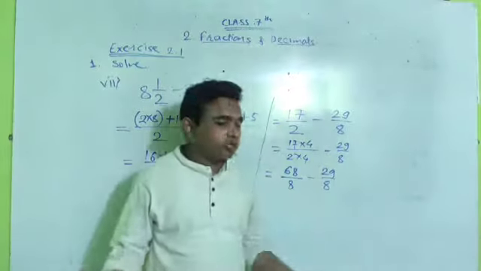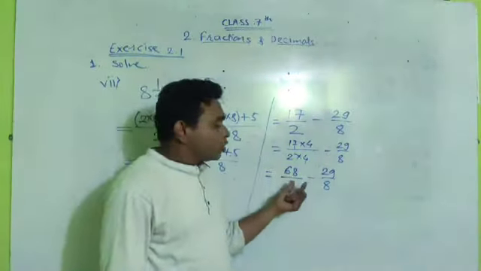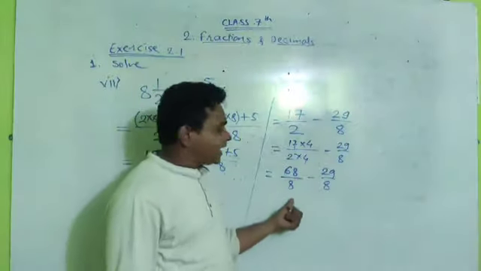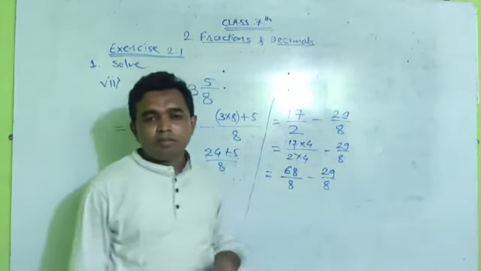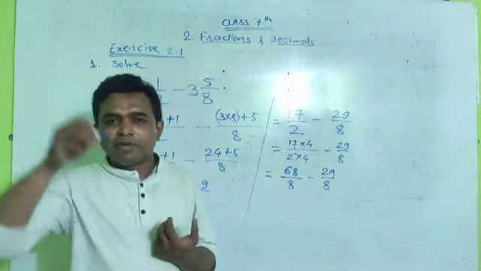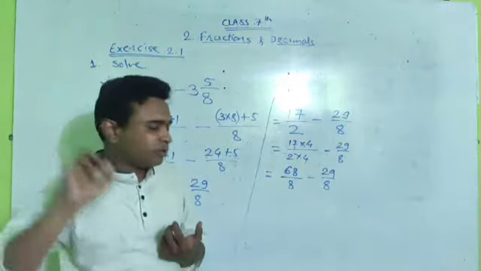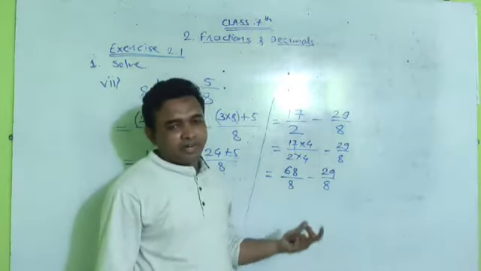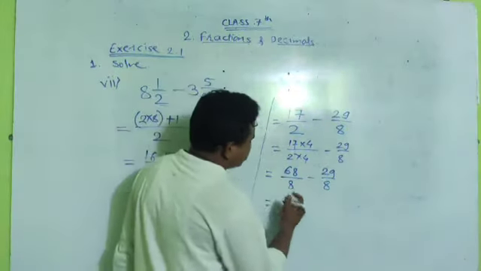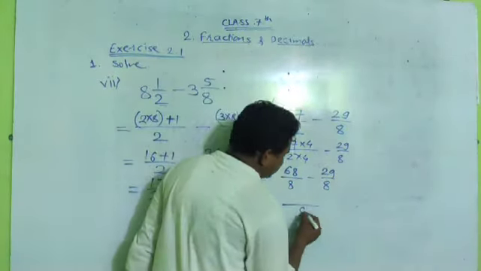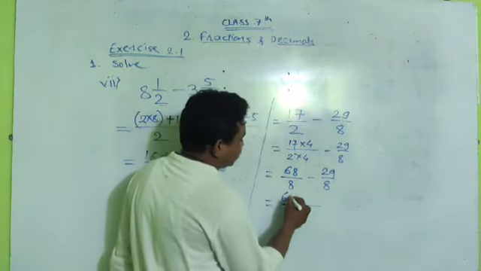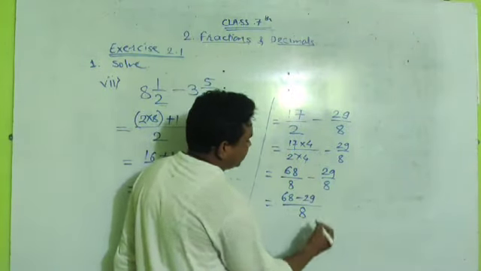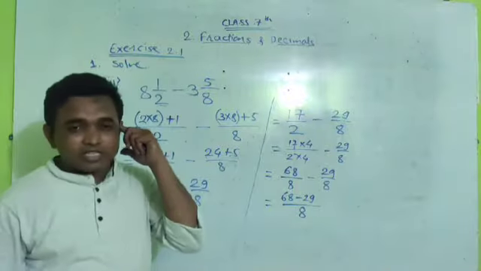Some students do one thing: there is no cancellation between this 8 and 8. Some students just take the same value in the numerator and denominator and then cut. But here 68 is a different number, 8 is a different number. Okay students, now both the denominators are equal, so write down only once 8. And in the numerator, 68 minus 29.